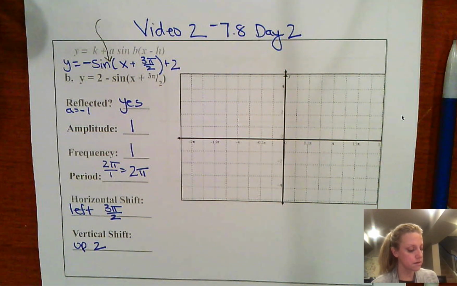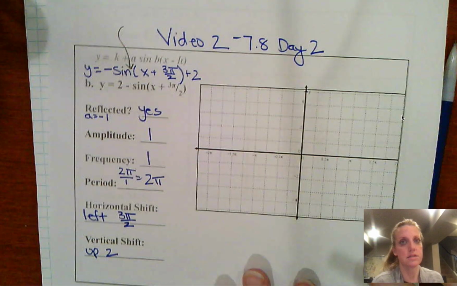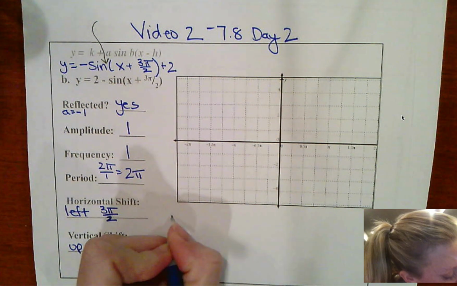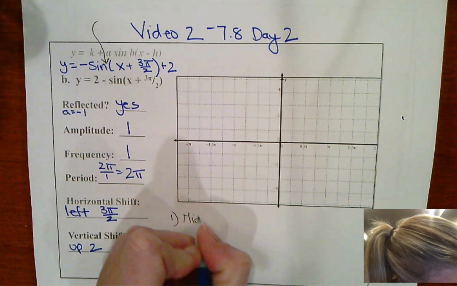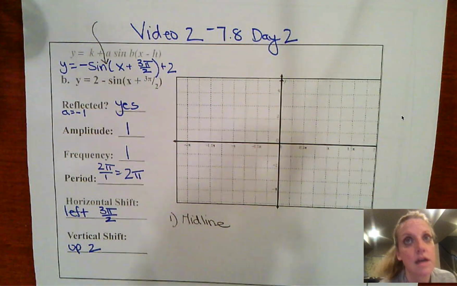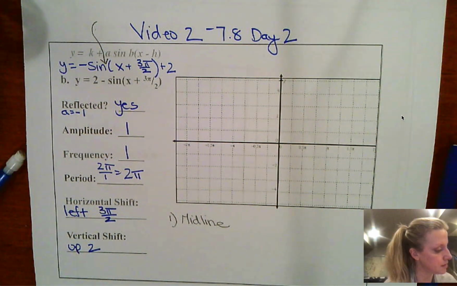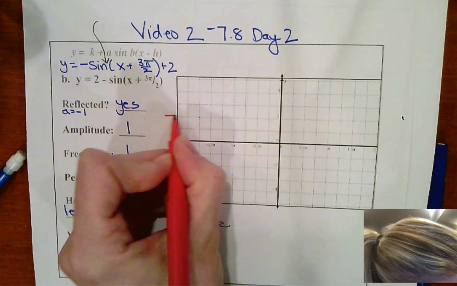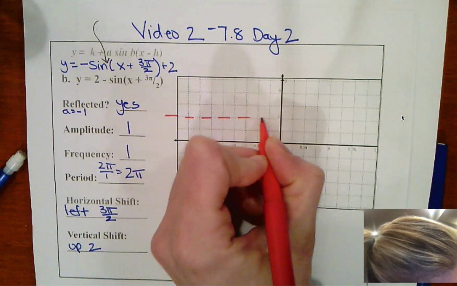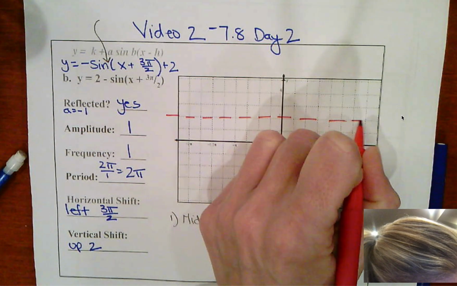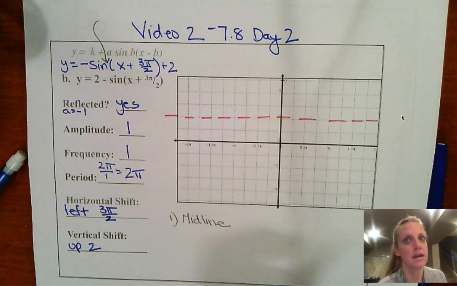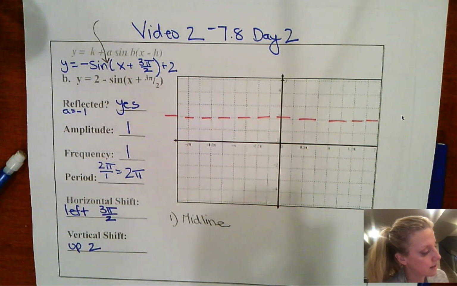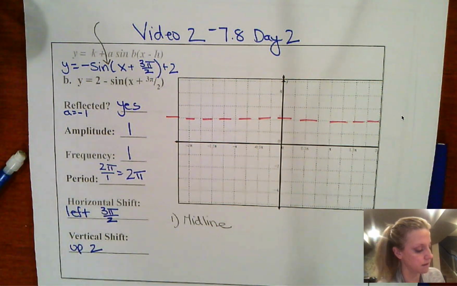All right, so order of operations to make a nice graph here is step 1, start with the midline. So the midline here, it looks like, since the whole thing was moved up 2, that's our new midline, is at y equals 2. All right, and then from there, I'm going to put on the amplitude, the ceiling and the floor.